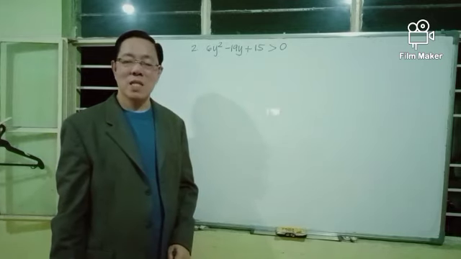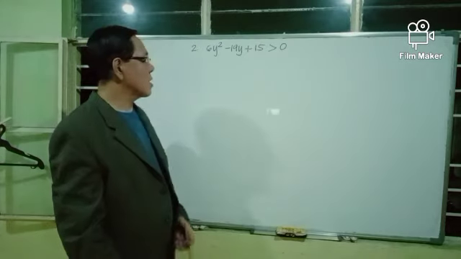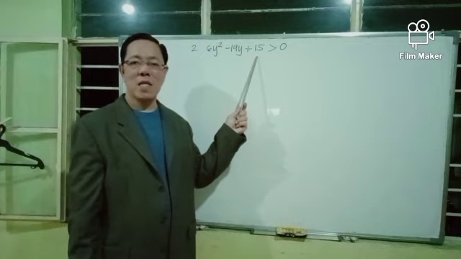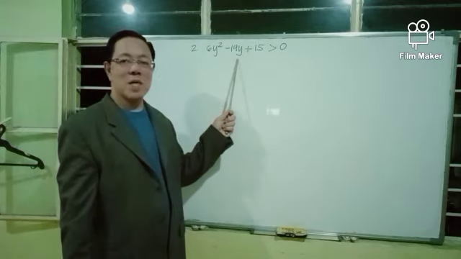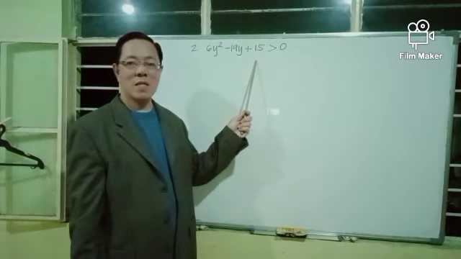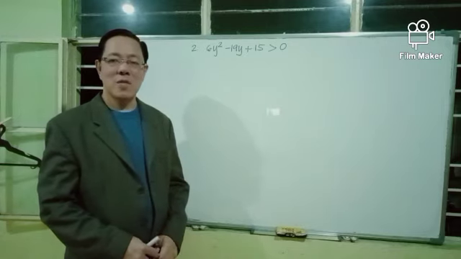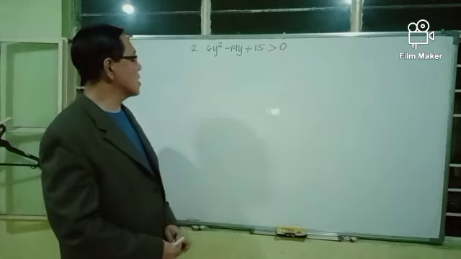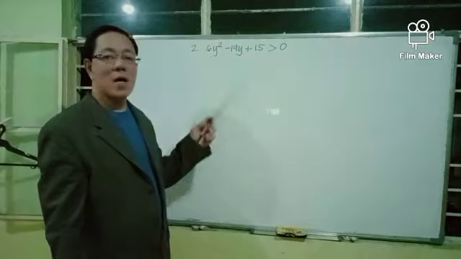As what we did in example 1, we factor out the quadratic expression, and this quadratic expression is said to be quadratic in y because the variable is y and the highest exponent of y is 2. So this is a quadratic expression in y. And we factor this out using trial and error. We start by factoring the first term 6y squared.